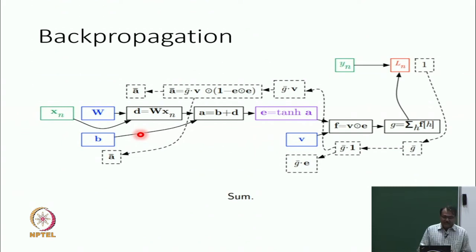Now, this d bar is a vector. This xn is also a vector. But this W is a matrix. And the matrix and the vector xn are getting computed to compute the vector d. Now, I have to differentiate d with respect to Wij and then do it in the matrix form.